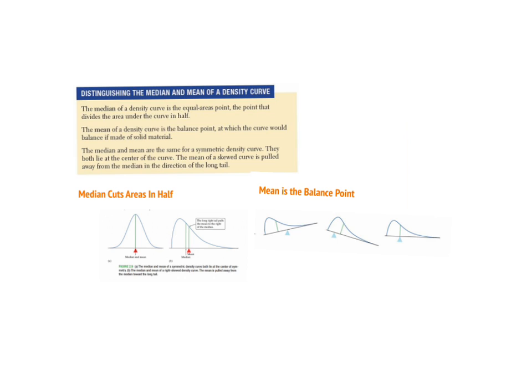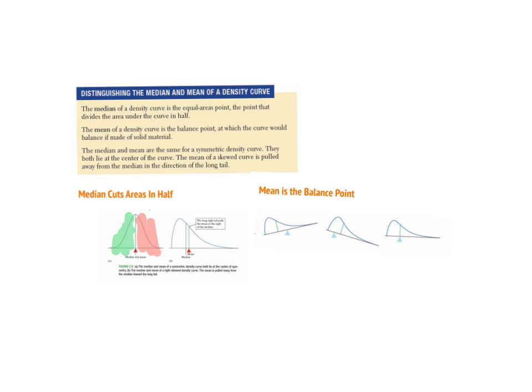When we have the mean and the median on a density curve, it's important to understand a couple of things. One, the median cuts the data exactly in half. If I'm looking at a density curve and I can see the median, we know that half the data is going to be on this side of the median, and the other half is going to be on this side.